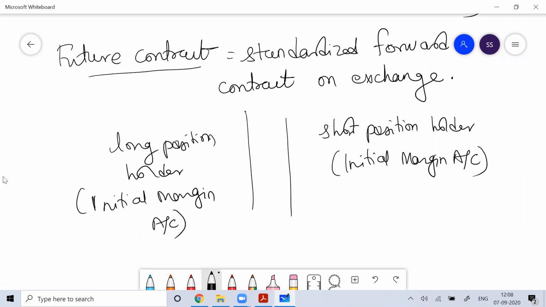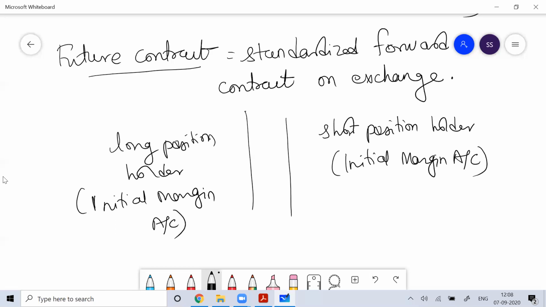SPAN creates 16 scenarios, and under each scenario it calculates the VaR. VaR means the maximum loss you can get on your portfolio in a given time period at a certain confidence interval. By working on the VaR, it creates the expected VaR based upon these scenarios, and that expected VaR tells you the maximum loss you can get on this given value of the contract.